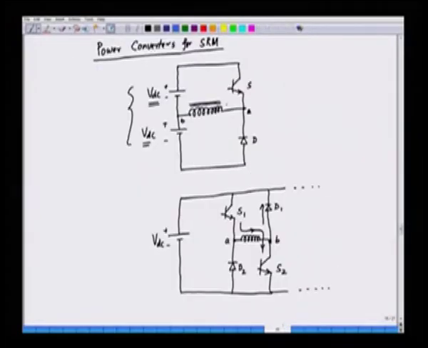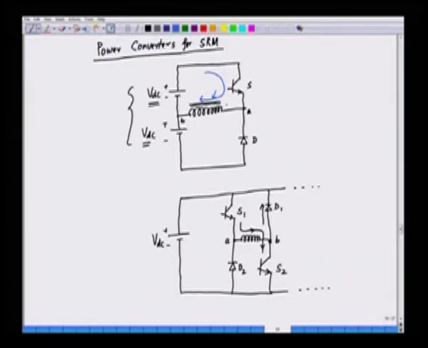So, this is the converter topology for the switched reluctance motor. Now, in this case, this is one of the windings of the stator, and for every winding we will have this kind of configuration, a transistor and a diode. If the transistor is switched on, the current will flow like this through the transistor and through the winding.